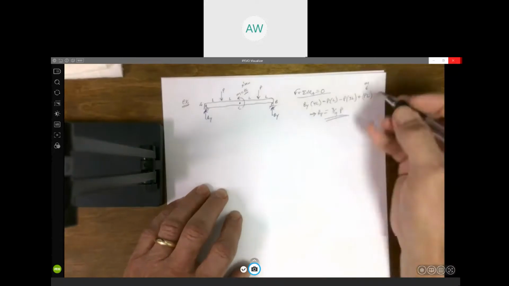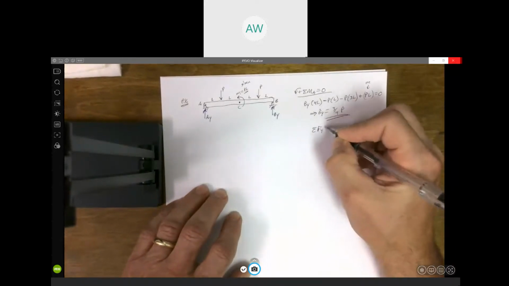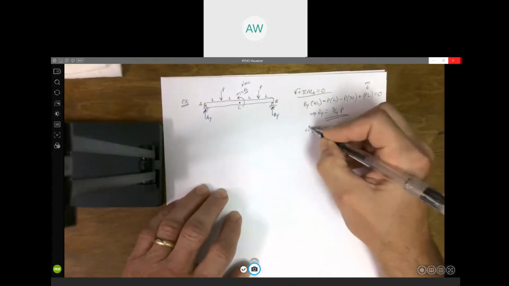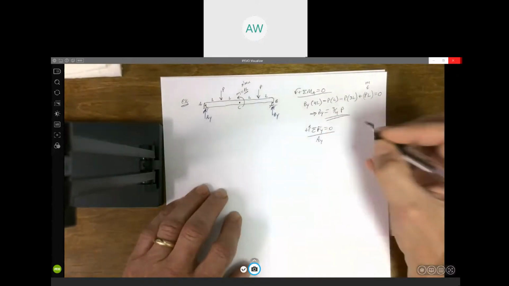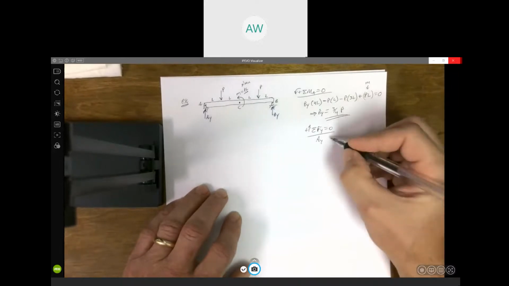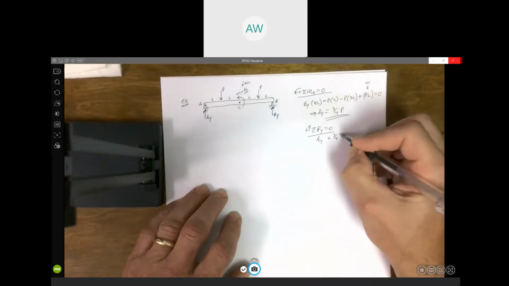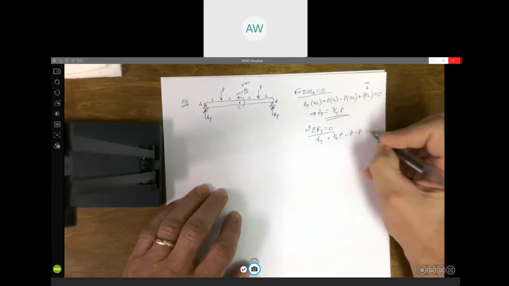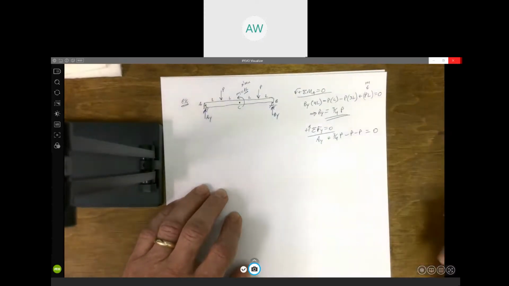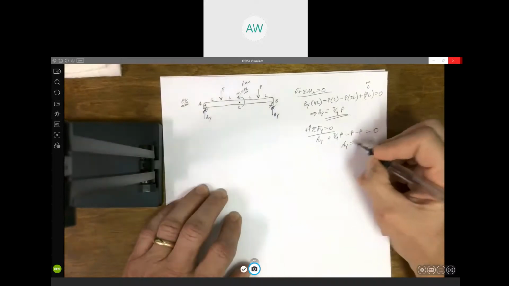And then once we got BY, it's just summing the forces, and we can get AY. So we got AY going up, BY going up, and then P and P going down. And solve for AY.